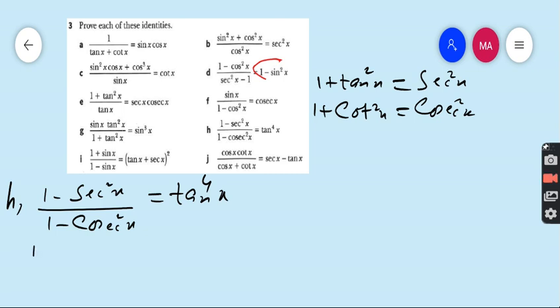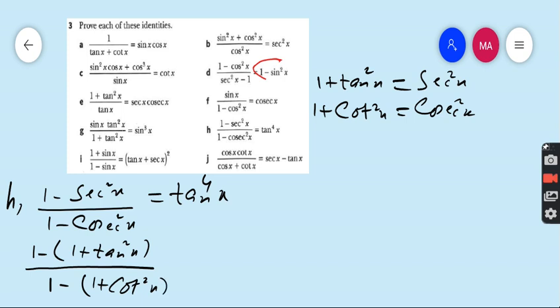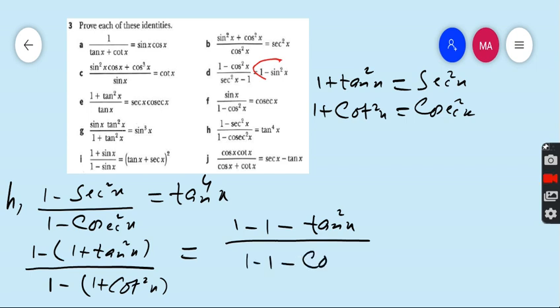So 1 minus sec square x can be written as minus tan square x, and 1 minus cosec square x can be written as minus cot square x.